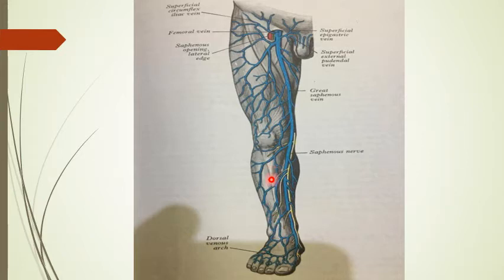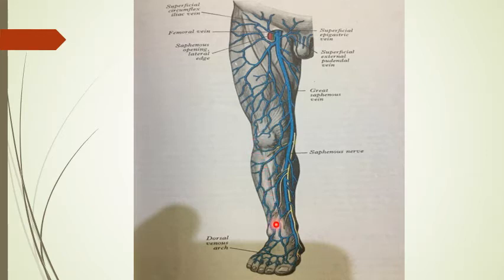Similarly, posteriorly, the collection of blood from the foot forms the posterior tibial vein. Both combine in the popliteal fossa and then form the popliteal vein. The popliteal vein then continues above through the adductor canal as the femoral vein, which continues in the pelvis as the external iliac vein. These are the deep veins which you see in the venous drainage.